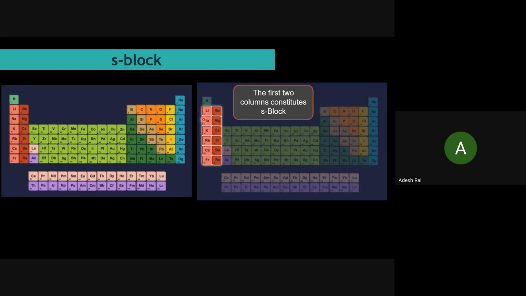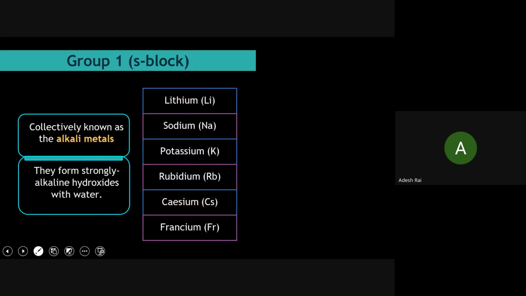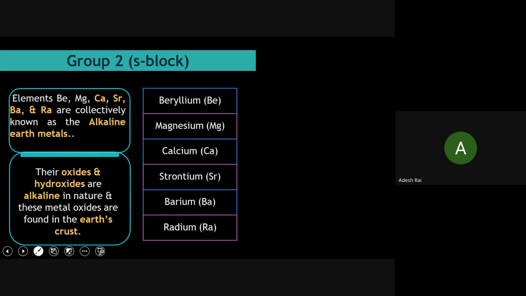These two families we have to study. In group one, these are the elements, lithium, sodium, that we already know, and they form strongly alkaline hydroxides with water. So when they react with water, what do they form? They form a base, an alkaline hydroxide. Collectively known as alkali metals. Group 1 are known as alkali metals, group 2 as alkaline earth metals.